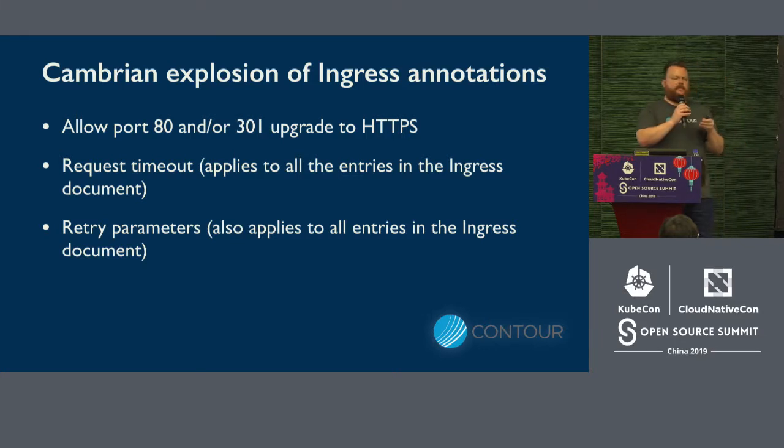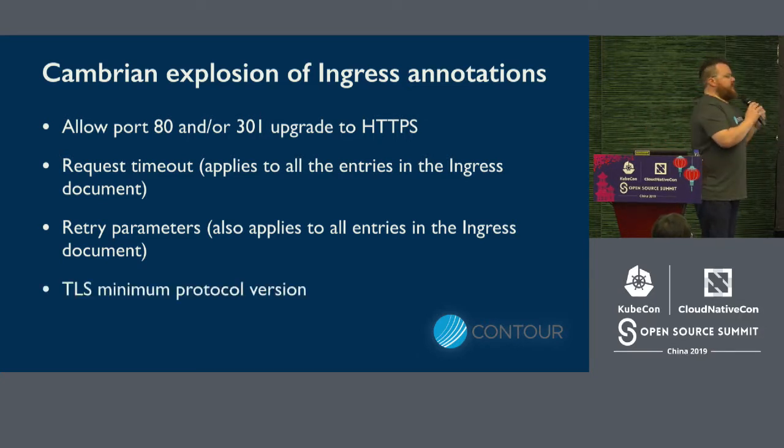If you wanted to have some routes have a long retry parameter and some have a short, logically you would put the routes with the short retry parameter into one Ingress document with short timeouts and create a second Ingress document for the same virtual host for the routes with the longer timeout. So arguably, the annotations apply to the things mentioned in that document, not to the virtual host.